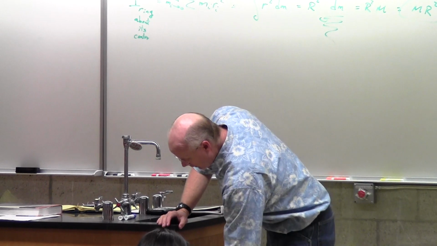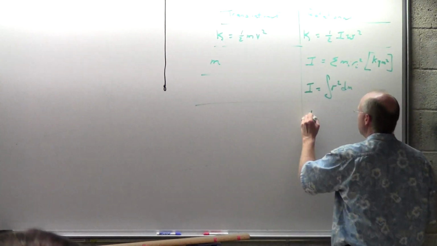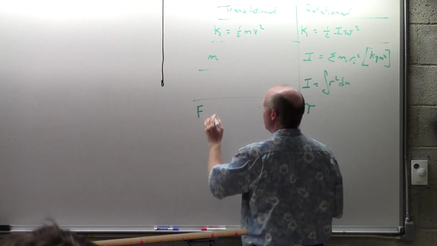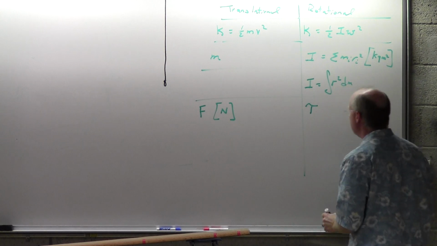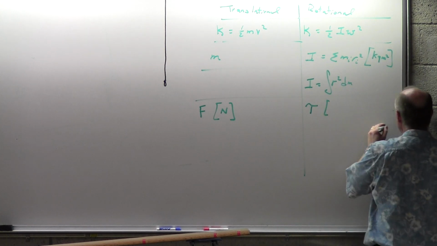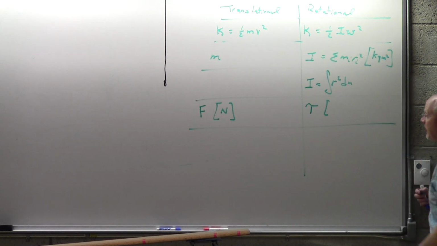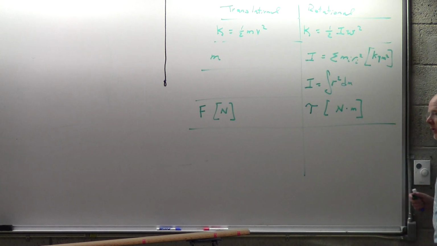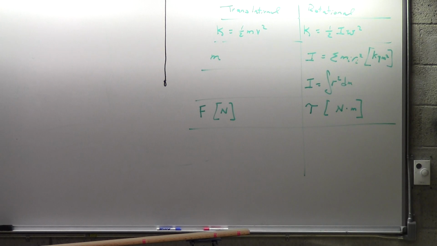And so the new quantity here is torque, and we like to use the symbol tau. It's the equivalent to F. When we did translational motion, we measured it in newtons. As we now do rotational, we are going to see that it is not only a force, but also what we'll call a lever arm.